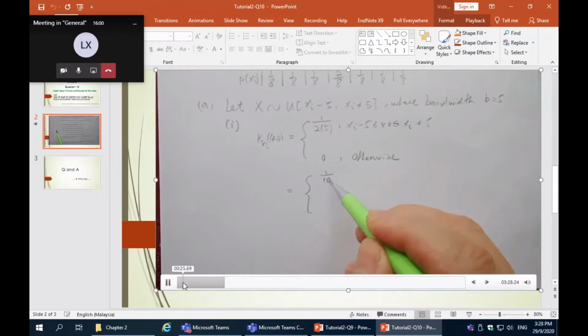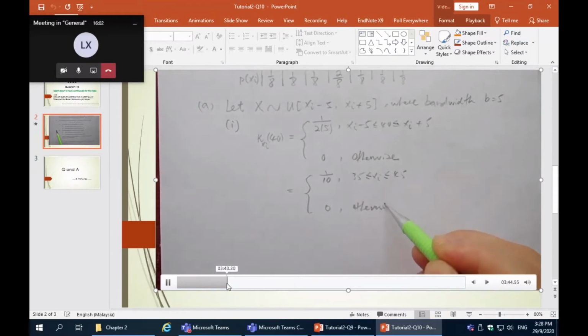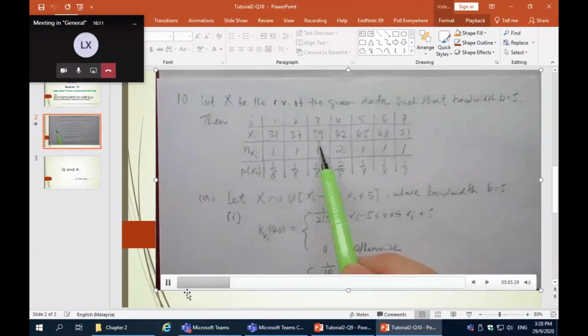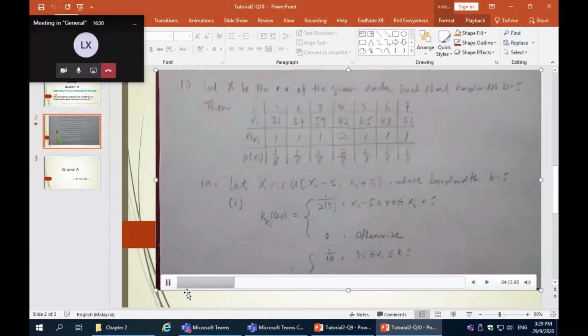So based on these intervals, only data 37, 39, 42, 45 are inside this interval. So we only consider these 4 probabilities, where 37, 39, 45 have the same probability and 42 has probability of 2 over 8.